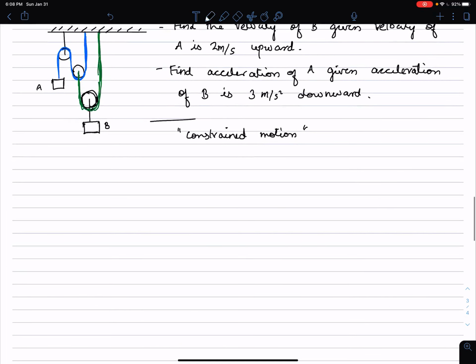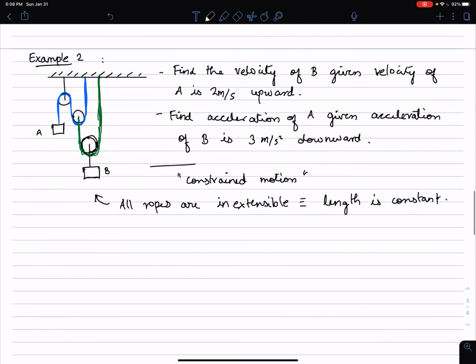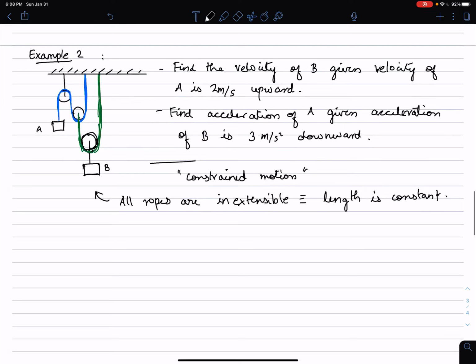Okay, so all ropes are inextensible, by which we mean length is a constant. They do not change length. Okay, so that's the basic principle.